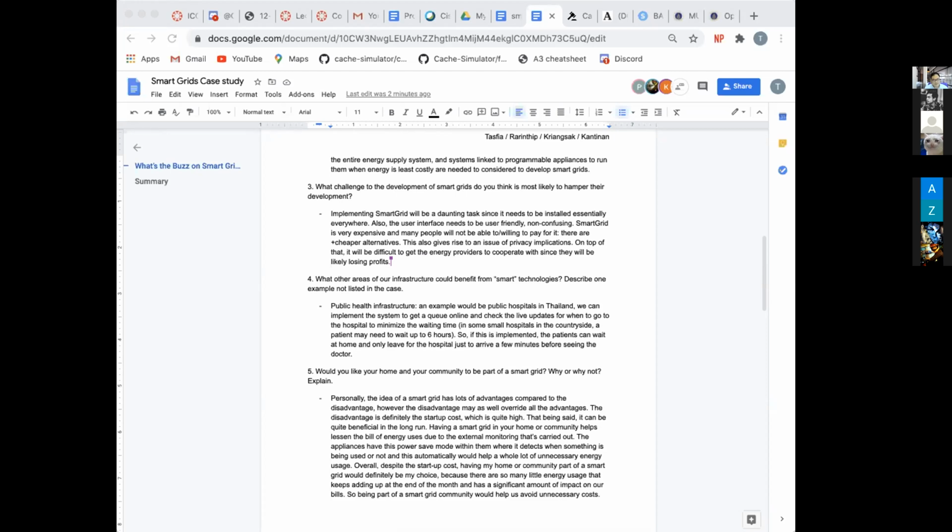So they might not be willing to cooperate with that project. And also, it could give rise to some privacy implications, like your usage being disclosed to the public or to the company. Maybe they aren't that comfortable sharing that data. So I think that's what I should say for this question.